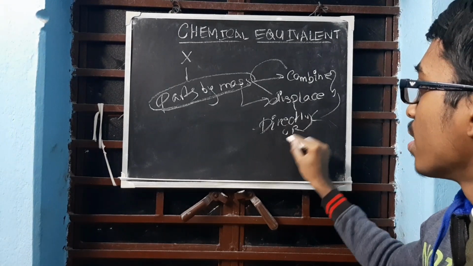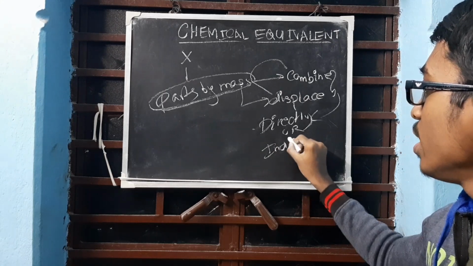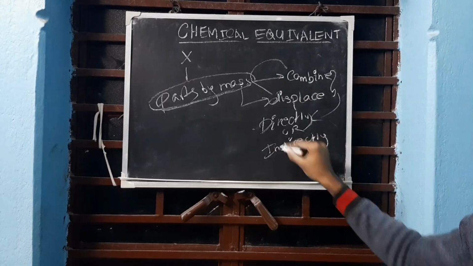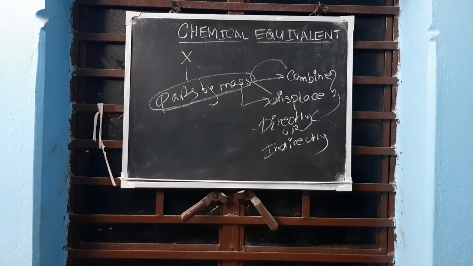Again another topic, directly or indirectly. Clear? Equivalent weight is the number of parts by mass of the given substance combining or displacing directly or indirectly.